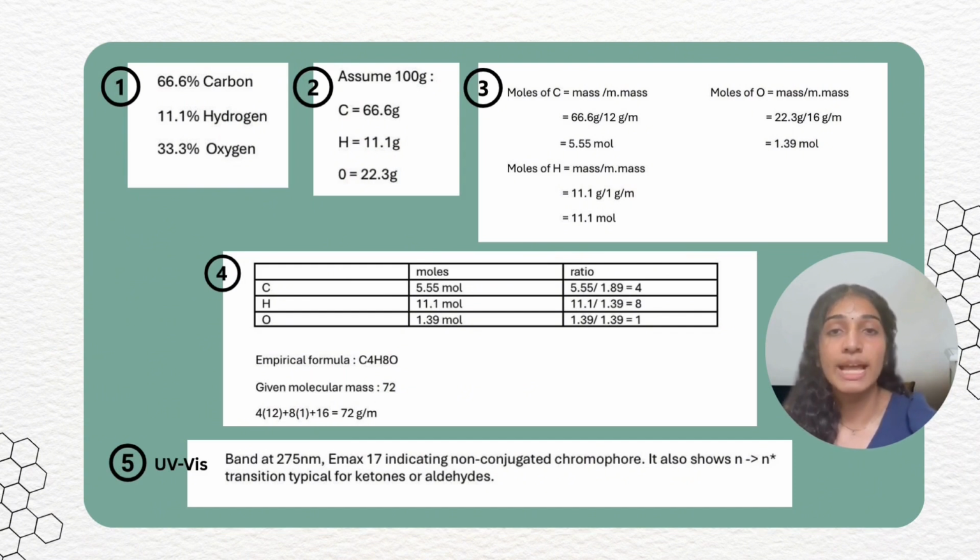The absorption at 275 nm and low epsilon max are characteristic of an n to pi star type transition, which is typical for carbonyl-containing compounds such as aldehydes and ketones. This transition involves the excitation of a non-bonding electron to an anti-bonding pi orbital. So for more explanation on this, I would like to pass it to my next group member.